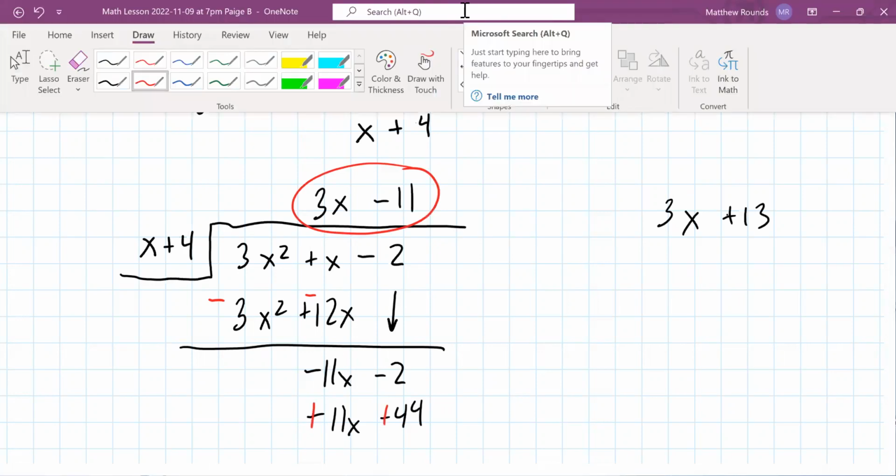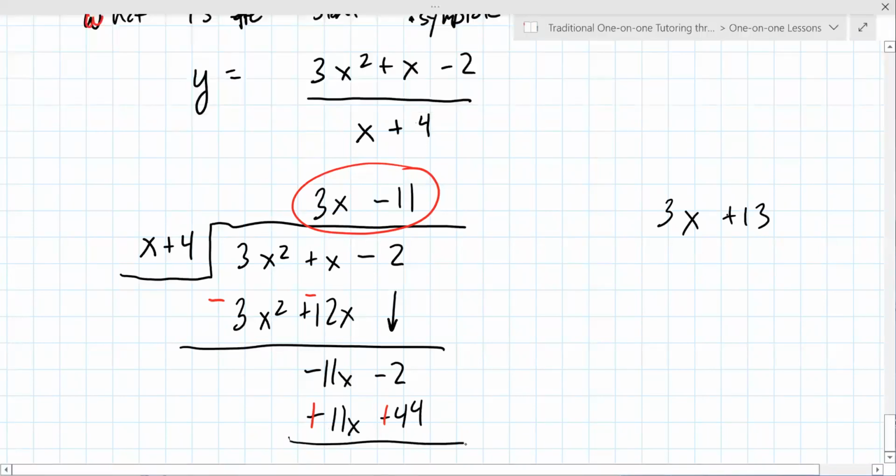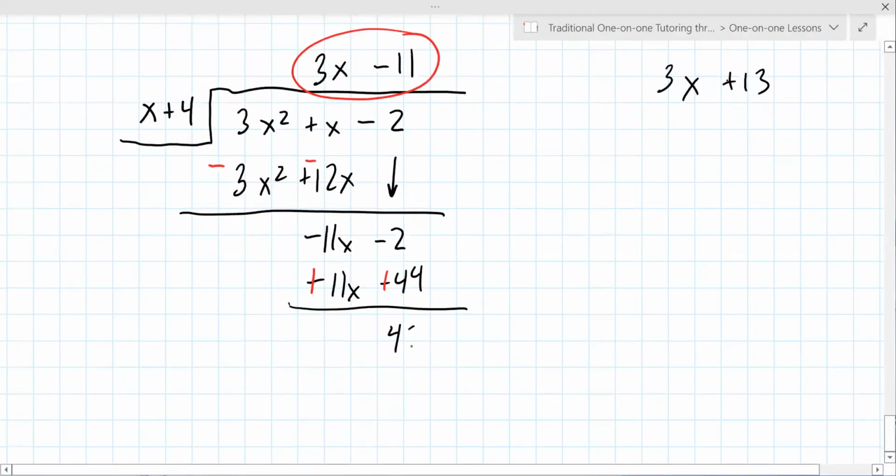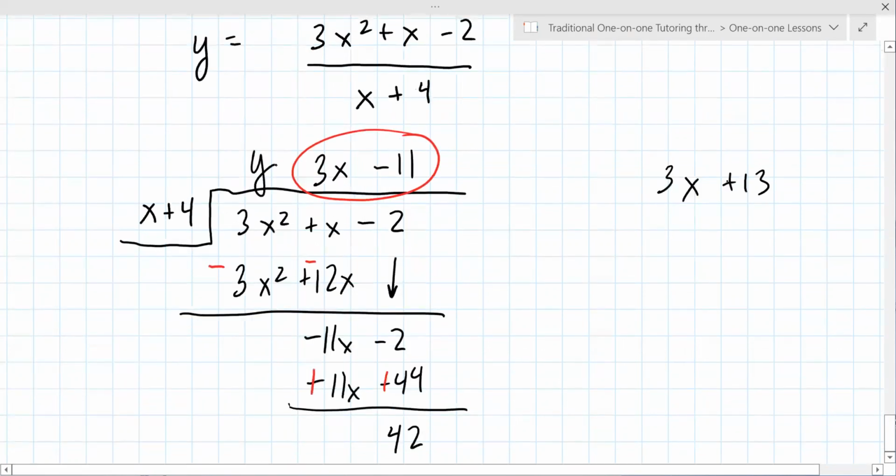And then you do get positive 42, but that's not even important. What's important is the thing at the top here. So that's your slant asymptote.